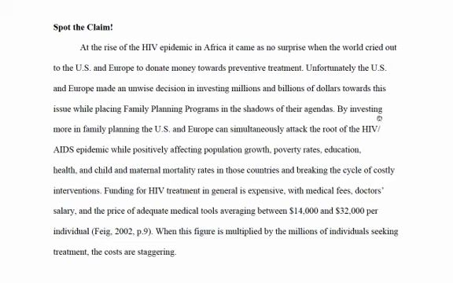Next sentence talks about investing more in family planning, attacking the root of the epidemic. And then we get these two sentences with really great statistics and facts about how expensive it is to treat HIV. And these details are from 2002. Could be more, could be less, but it's still going to be staggering.